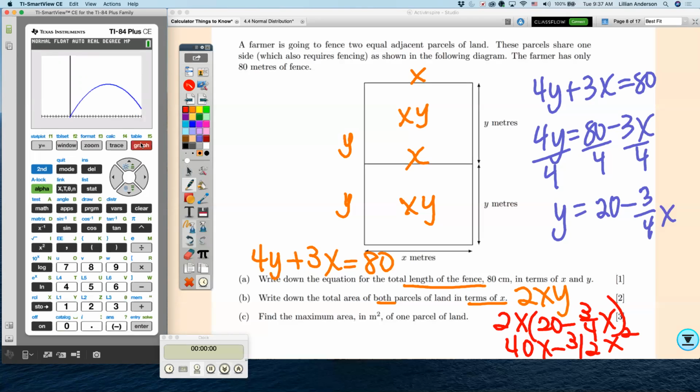How do I find the maximum in a calculator? Second trace, option 4. I go to the left of the maximum and click enter. I go to the right of the maximum and click enter. Then I click enter one last time and it gives me my maximum. Which part of the coordinate do I want though?